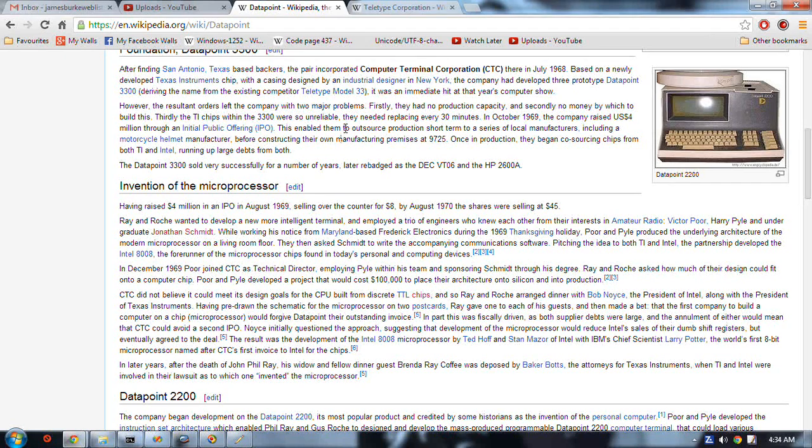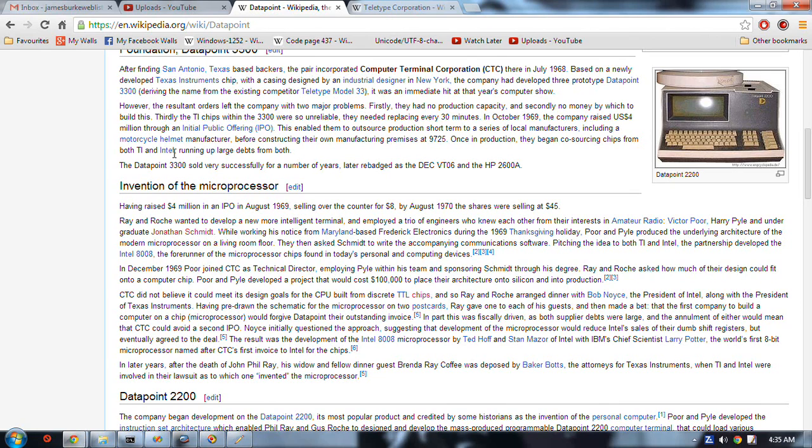And so they outsourced the various bits and pieces to a whole bunch of local manufacturers, including a motorcycle helmet manufacturer. And so once in production, they began co-sourcing chips from both Texas Instruments and Intel.